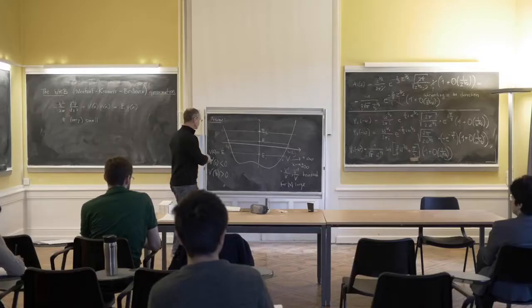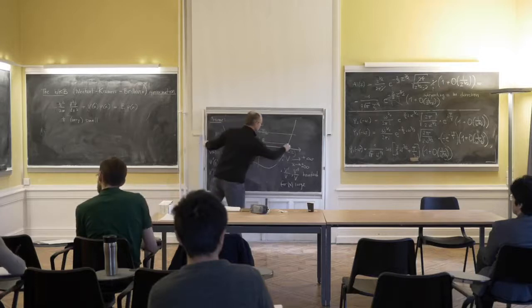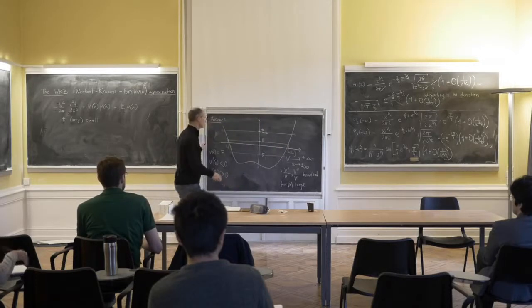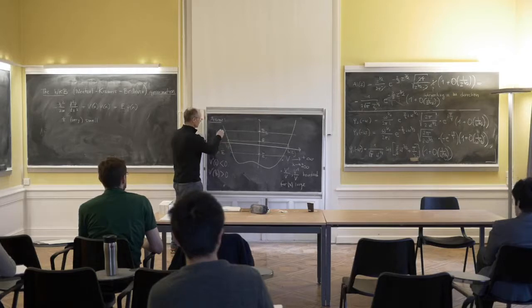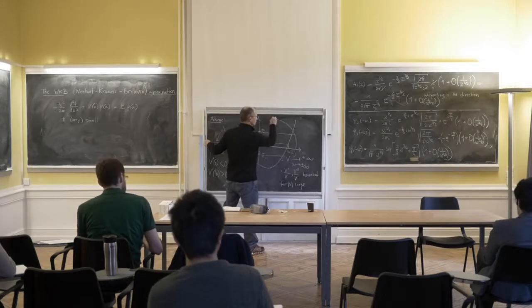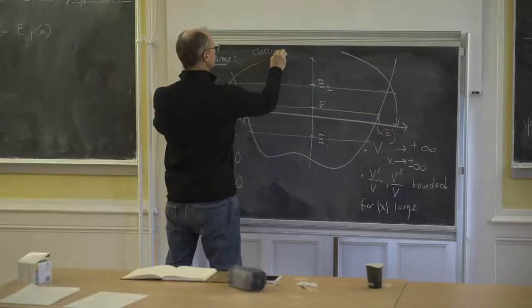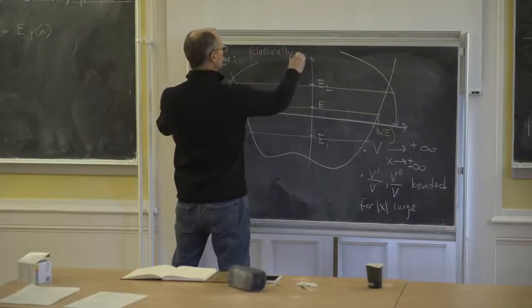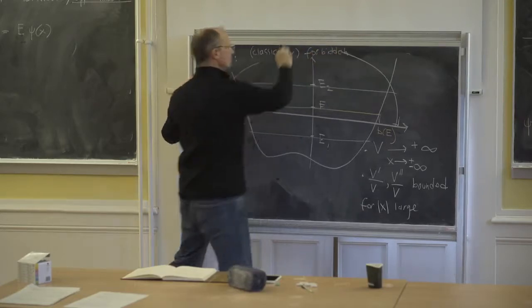Now, there is some physics terminology. We'll see what its meaning is in some minutes, but let's introduce it. So the region to the left of A and to the right of B is called the classically forbidden region.